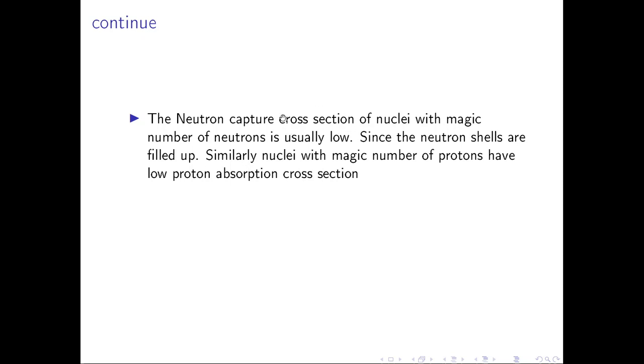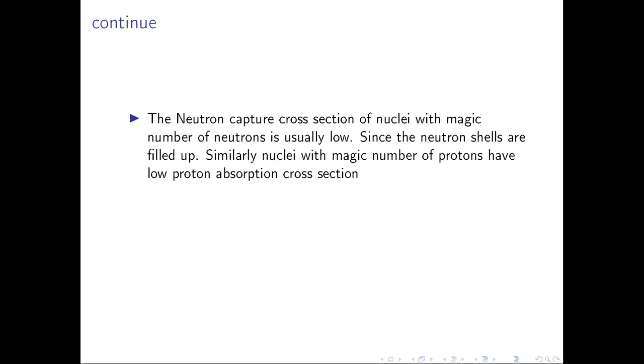This is a parameter which gives us the probability of that particular nuclear reaction, or for that matter any reaction, taking place. What has been found is that nuclei having a magic number of neutrons have very little probability of capturing a neutron which is incident on them.